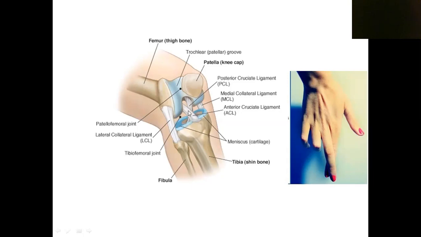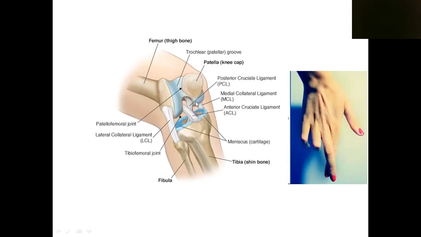But the posterior cruciate ligament arises from the posterior part of the intercondylar area. From there it runs upward and medially, and the upper end is attached to the medial condyle of the femur. This is the lateral condyle of the femur, and this one is the medial condyle of the femur. So it is attached to the lateral surface of the medial condyle.